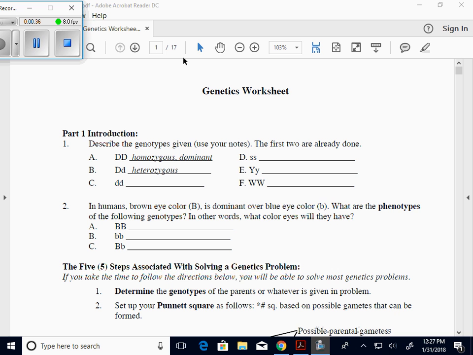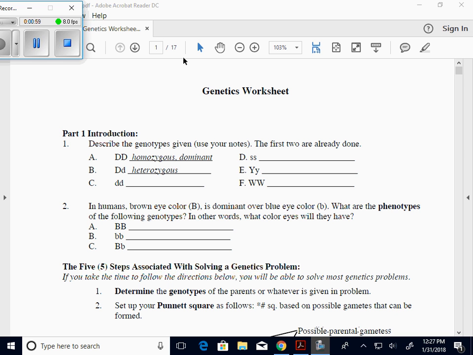Now, the genotypes are the actual letters. Okay? So capital D, they are both the same. They are homozygous if they are both the same. Capital D is dominant. Okay?